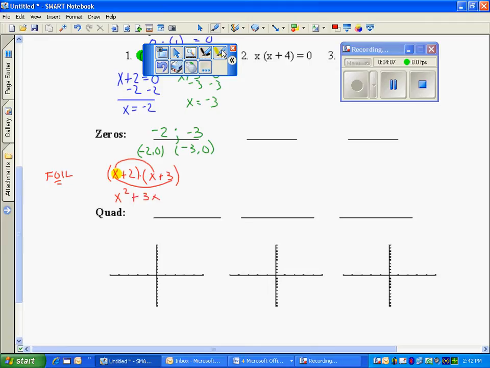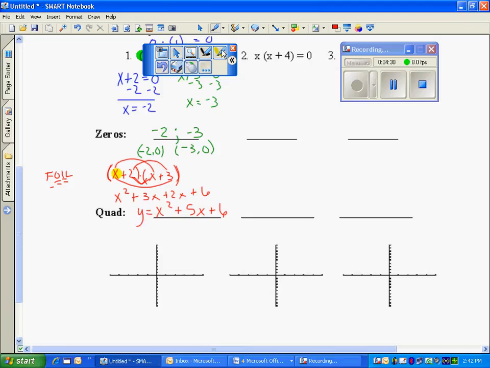I, for inside, this 2 now gets to be distributed to the second parenthesis. 2 times x is 2x, and 2 times 3 is 6. So I'm doing this FOIL method, and you can see it makes a little face here. Combining like terms, I get x squared plus 5x plus 6. And that's equal to my quadratic.